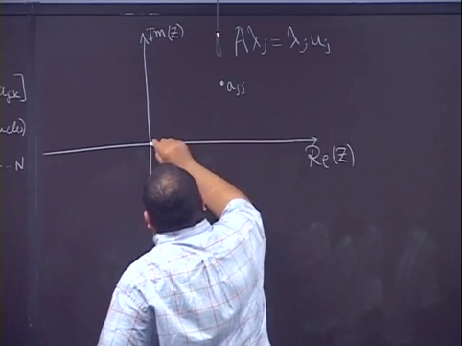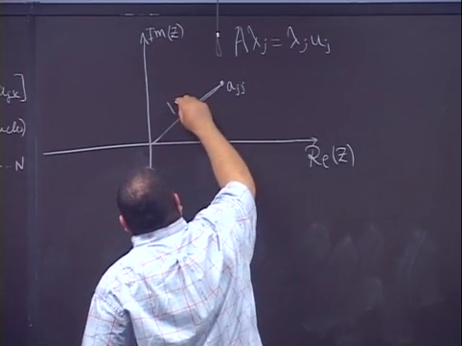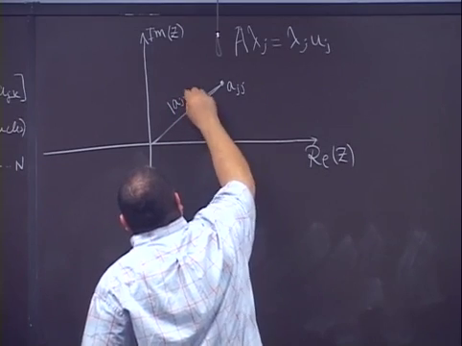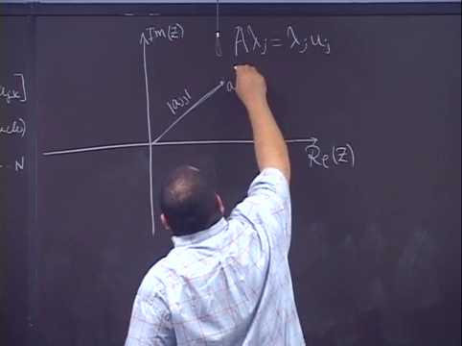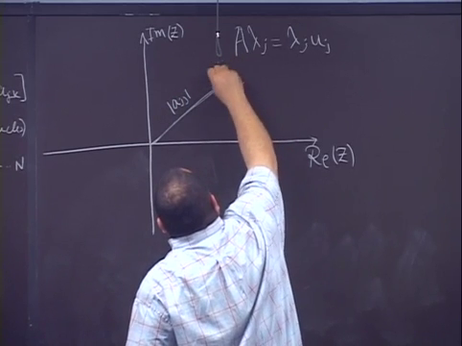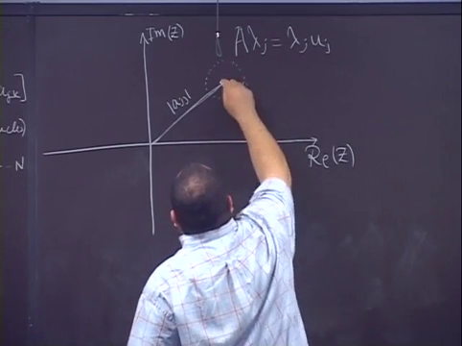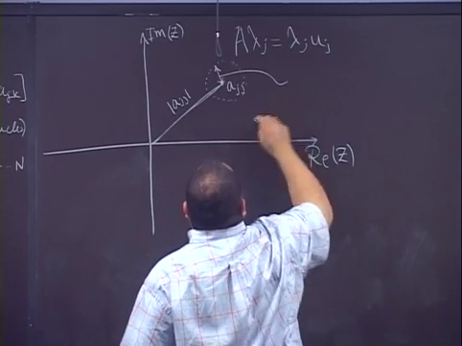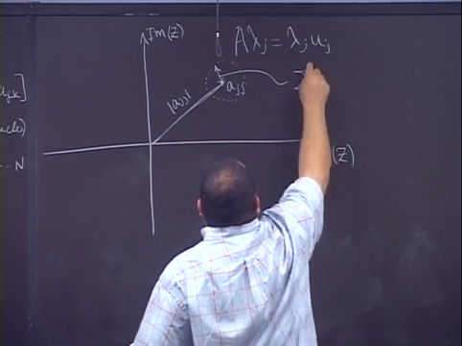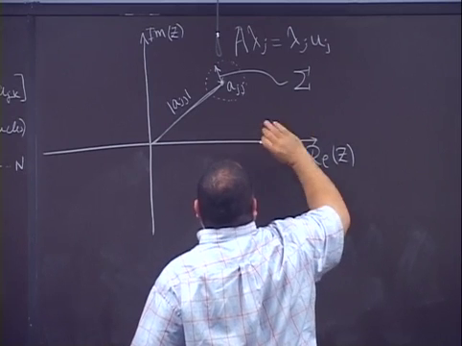Then this will be just the amplitude of Ajj. So if you plot a circle around this Ajj, where the radius of this circle is just the summation of the amplitudes of the off-diagonal elements of the row number j.